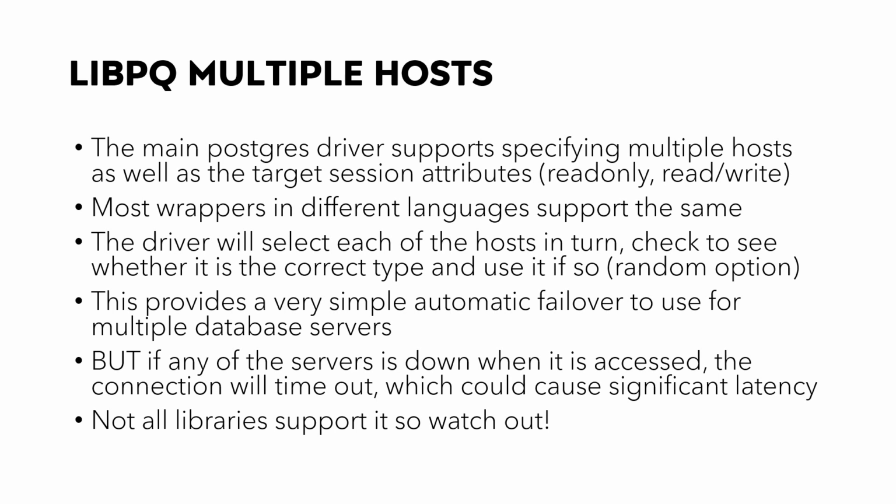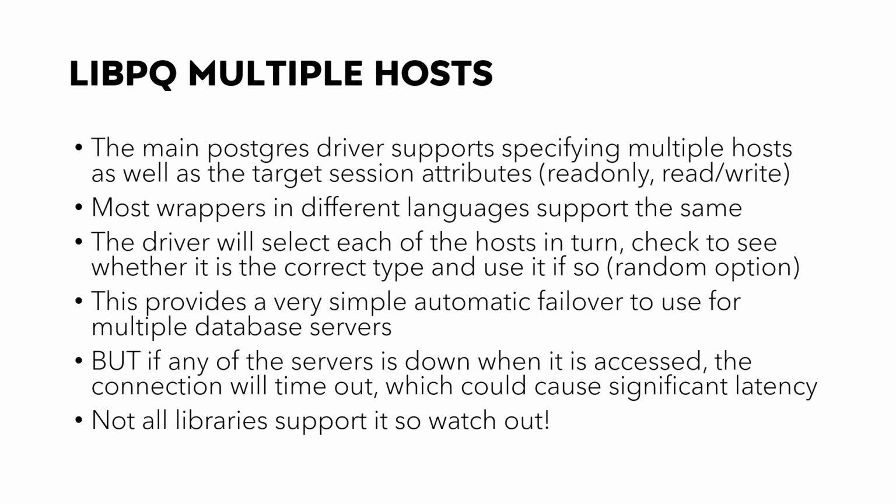So if it checks one database and that database is offline, or if it says no, I'm read only, or I'm read write, or whatever it says, it remembers that for a short time, but it's not going to remember that for too long, because if you're failing over and you're swapping database servers, you need the application to catch up quite quickly. You don't want it to remember what it used to be. So the random option can add some interest, but we're not really going to look at that at the moment. So this gives us a very simple automatic failover for multiple database servers, right?